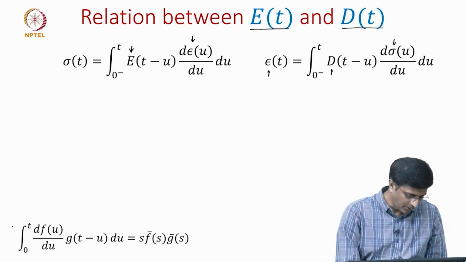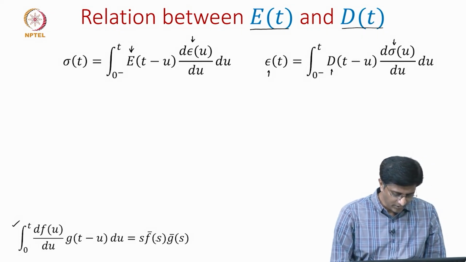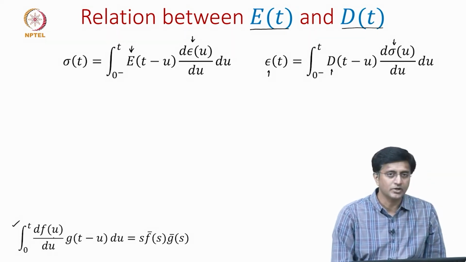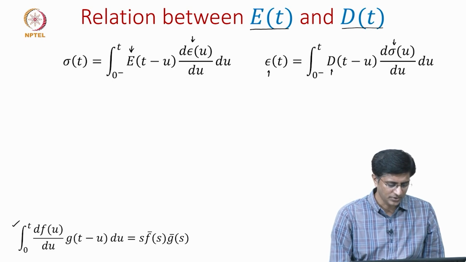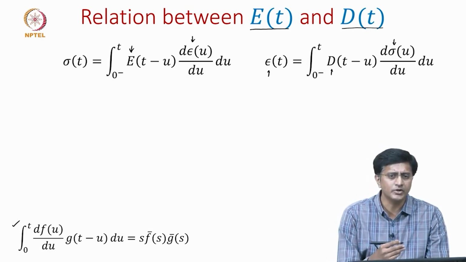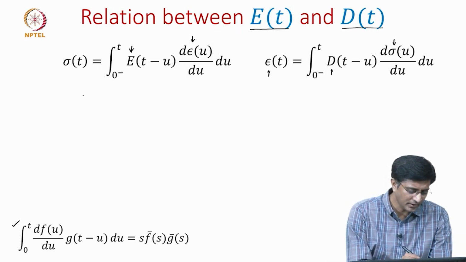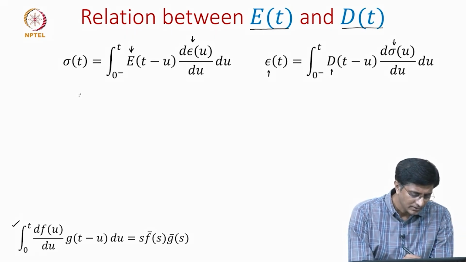Here I am just recapping what we have seen in the previous slide, the convolution integral for the first derivative of a function times another function g. With this knowledge, we should be able to rewrite this Boltzmann integral by taking Laplace on both sides.